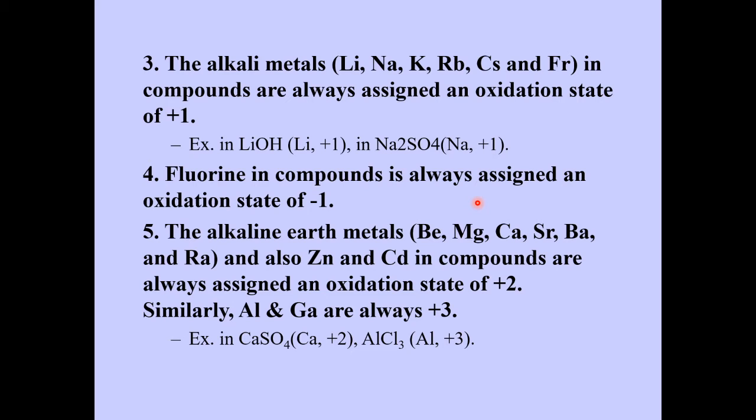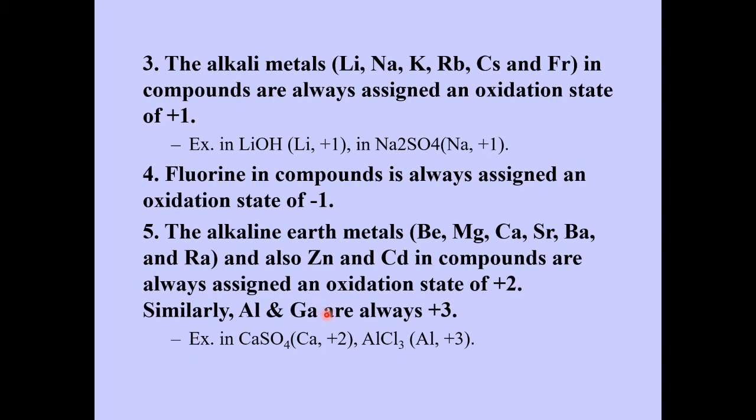All right, rule number 5. It's kind of a combination of two rules. It's referencing group 2 and group 13, and just like what we know about them when it comes to ions, about their ionic charge, we see that reflected here as well. Group 2 elements, beryllium, magnesium, calcium, strontium, barium, and radium, as well as zinc and cadmium. These are transition metals. I won't expect you to know those off the top of your head, but I will expect you to know these guys. They're always oxidation number +2.